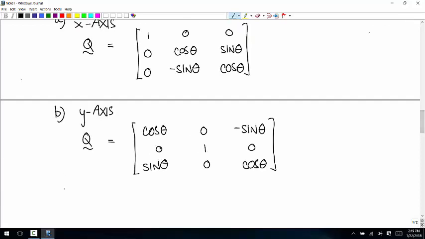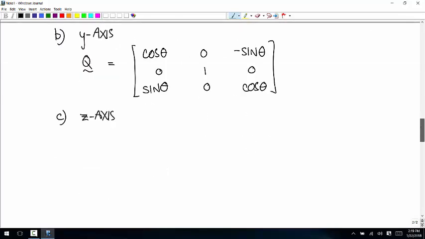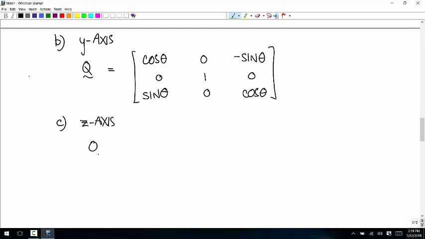Then to rotate about the z-axis, Q is equal to cosine theta, sine theta, 0, negative sine theta, cosine theta, 0, 0, 0, 1.